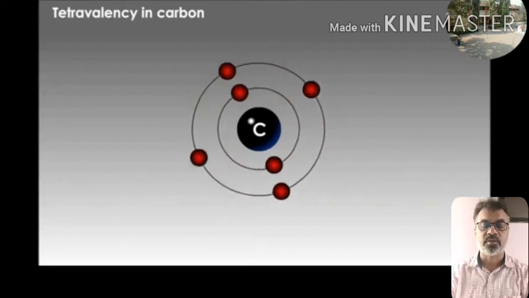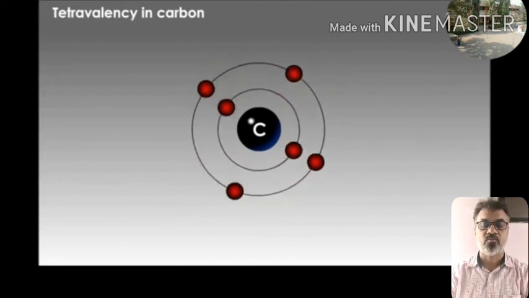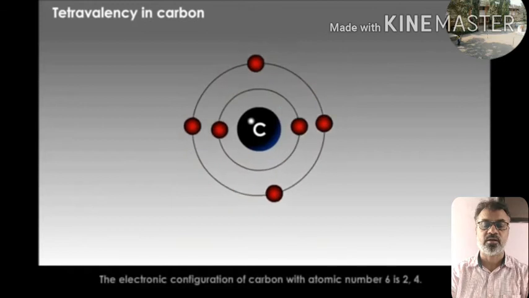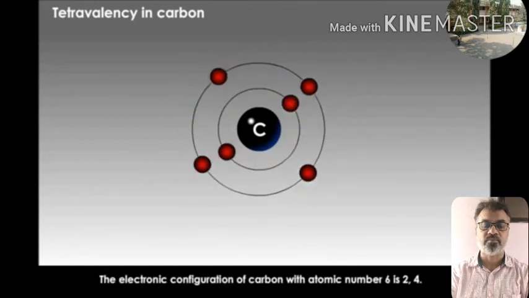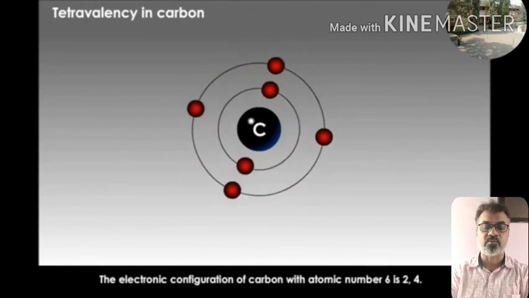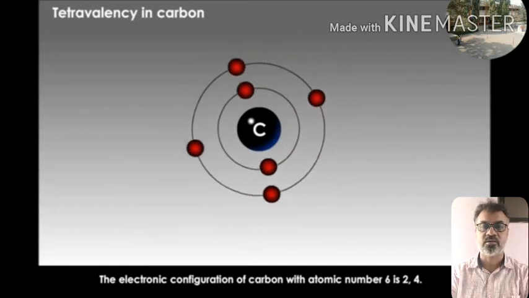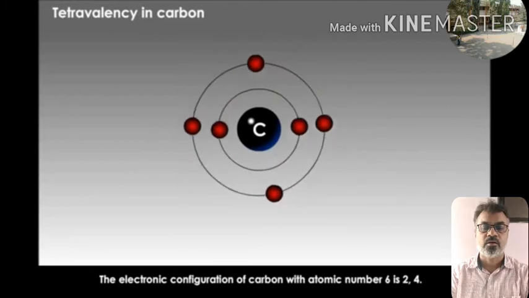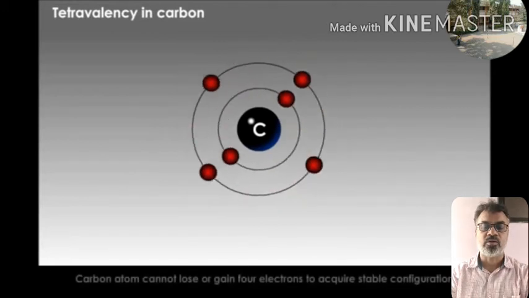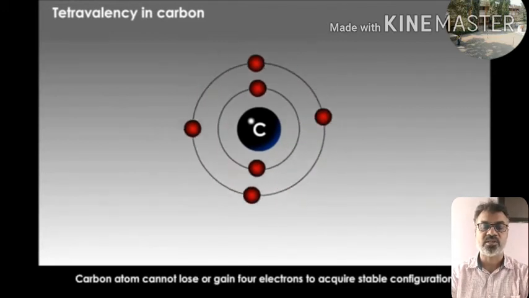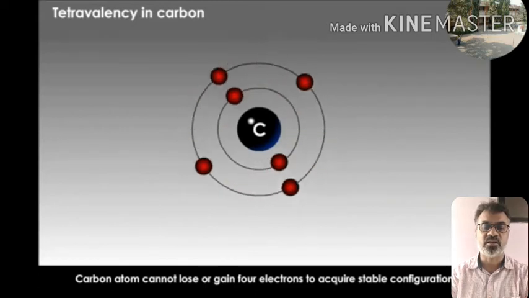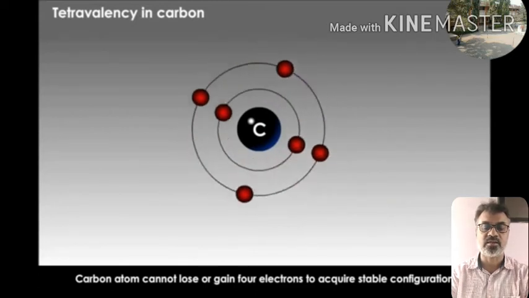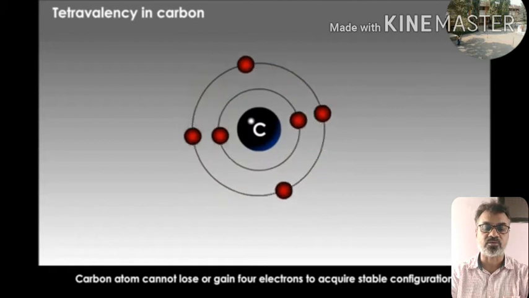Tetravalency in carbon. Carbon has atomic number 6, and that's why it is called tetravalent. The electronic configuration of carbon with atomic number 6 is 2,4. Around the nucleus of carbon there are 6 electrons revolving. In the first shell there are 2 electrons and in the second shell there are 4 electrons.